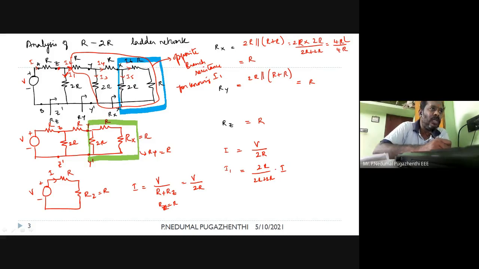So opposite branch resistance divided by total resistance into I. So what will you get? 2R divided by 4R into I. R and R get cancelled. You will get I by 2.